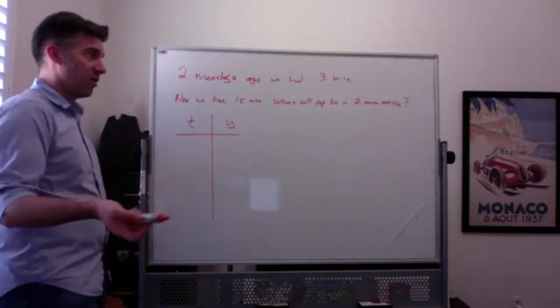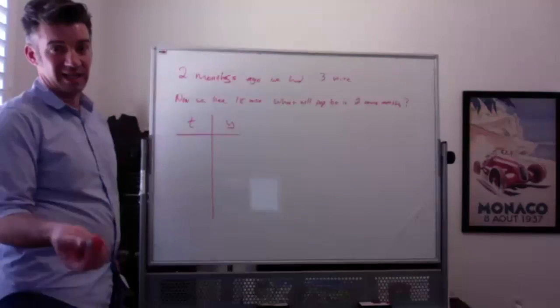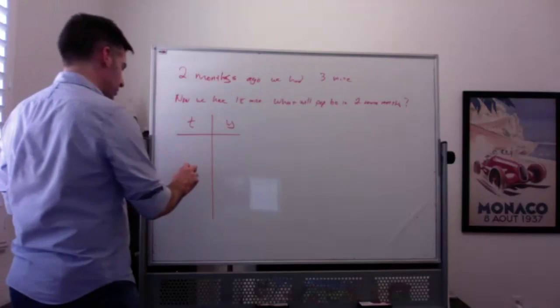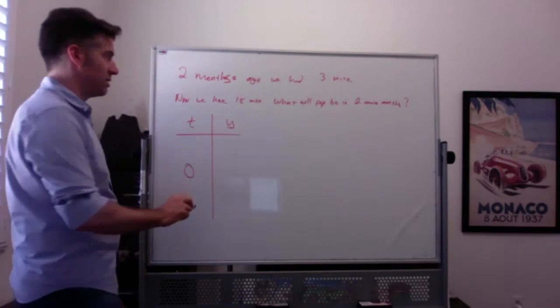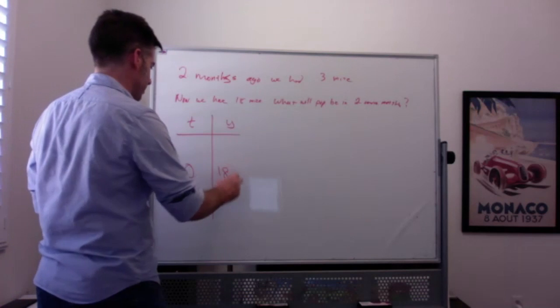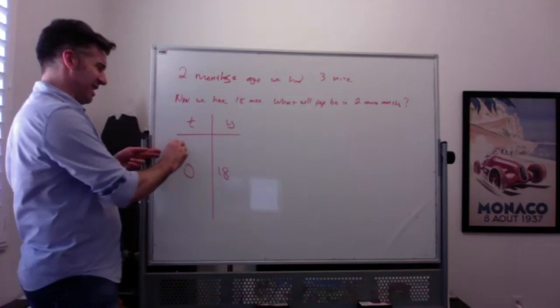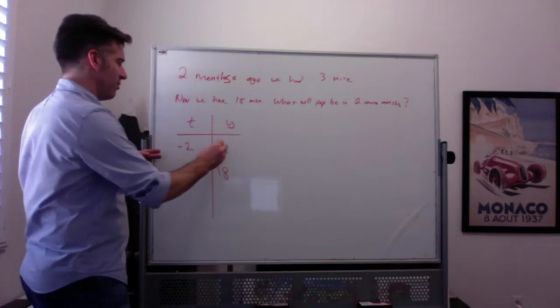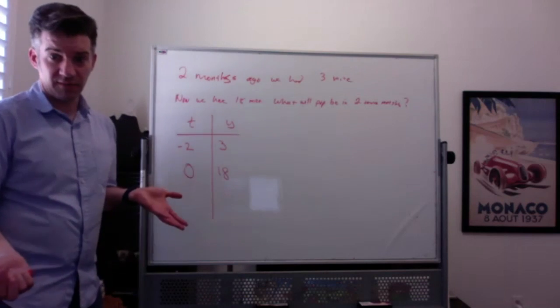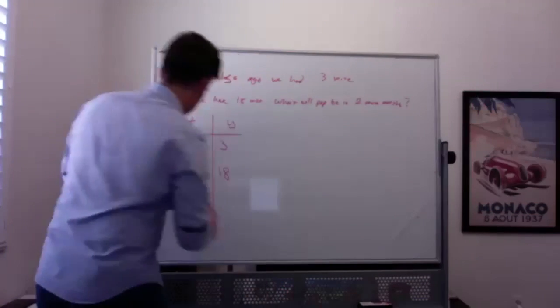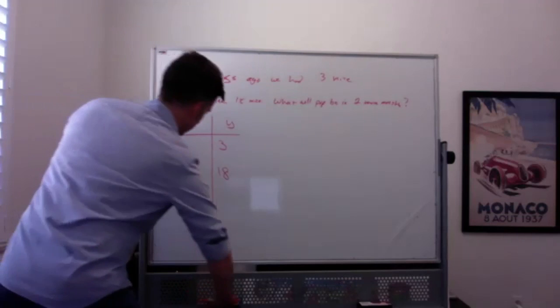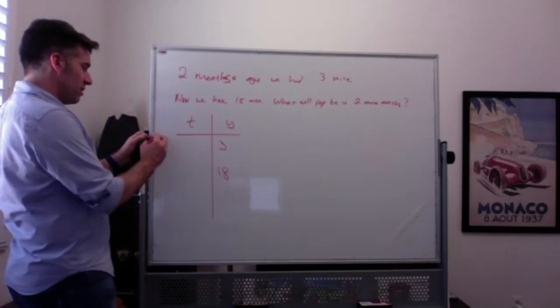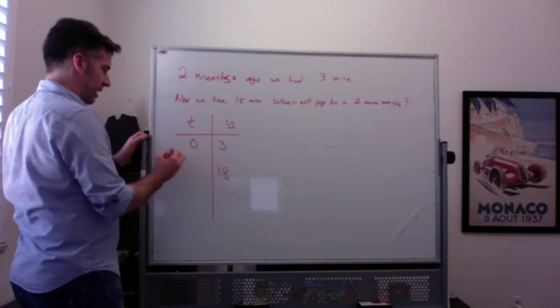I feel like the wrong way is to do it this way, although it's not wrong, it just is less easy. If you set now as time 0 and you say we have 18 mice, and then 2 months ago is negative time, and we have 3 mice, I find that confusing. So what I prefer to do is to say, okay, 2 months ago, that's time 0.